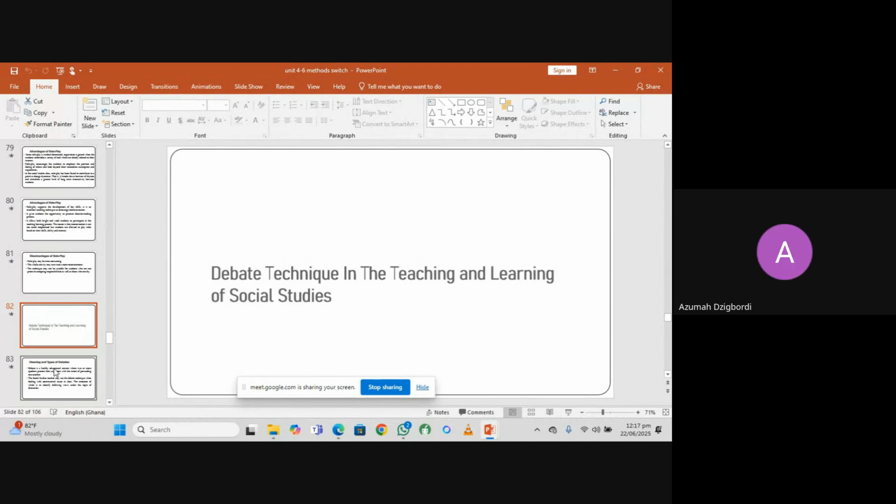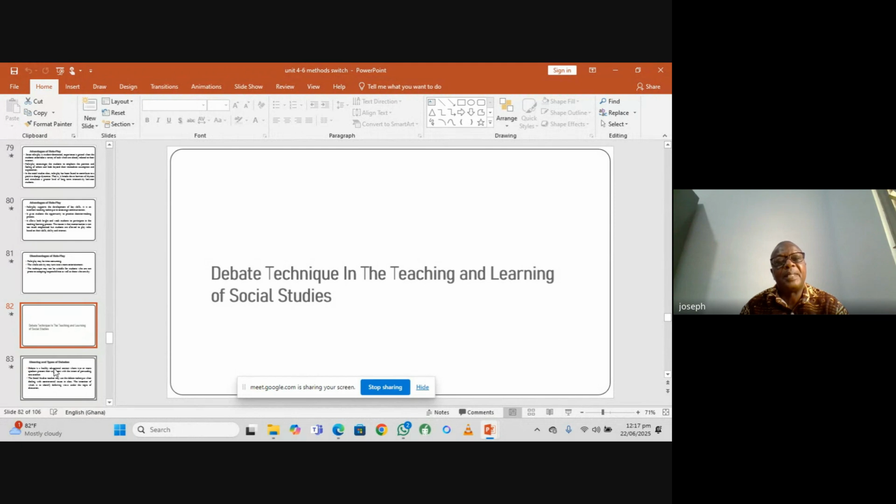Then the techniques. They are the specific activities that the teacher and the learner will undertake during the teaching and learning process. So if in the course of the teaching, you put your learners into small groups, it's a technique. That small group discussion is a specific activity that you and your learners will be doing in the classroom.